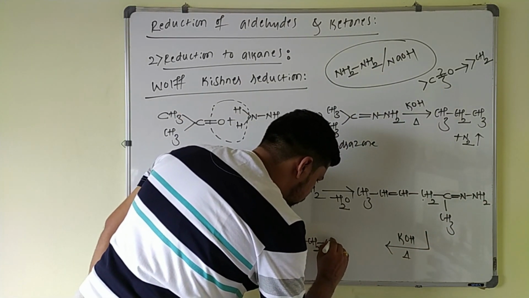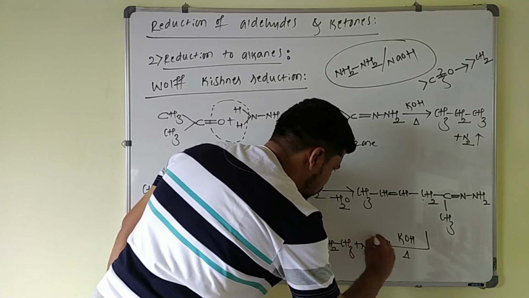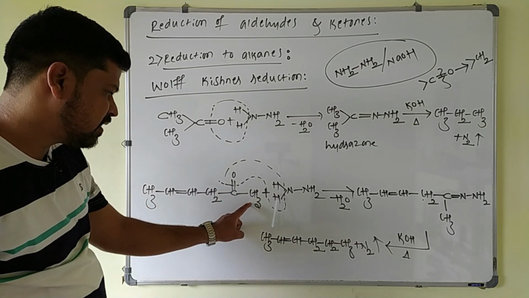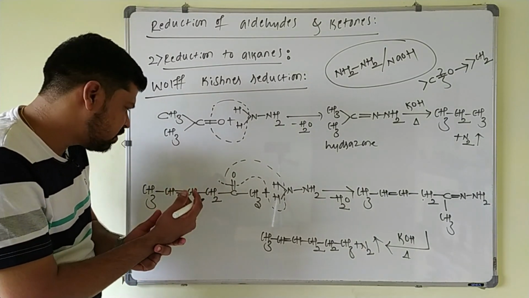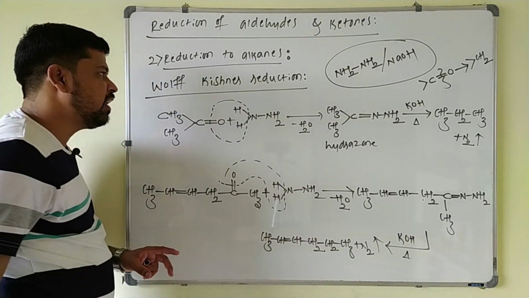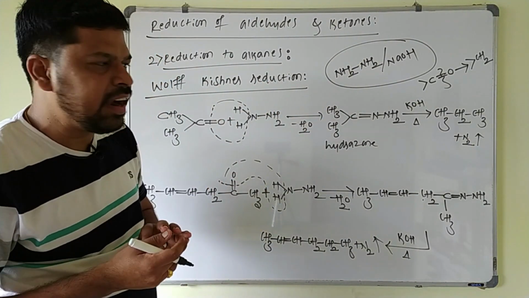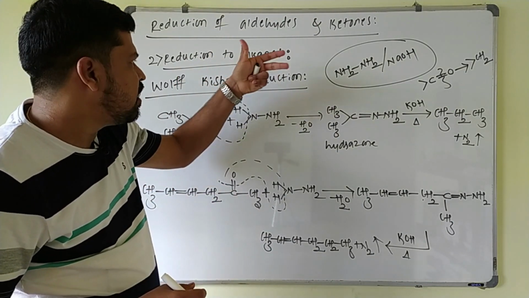CH2, then CH3, so that N2 gas is eliminated. How many carbon atoms here? 1, 2, 3, 4, 5, 6. Here also 6 carbon atoms. So that corresponding alkane is produced without affecting the double bond. These double bonds are not at all affected in case of Wolff-Kishner reduction as well as in case of what? Clemmensen reduction here. This is reduction of aldehydes and ketones to the alkanes.